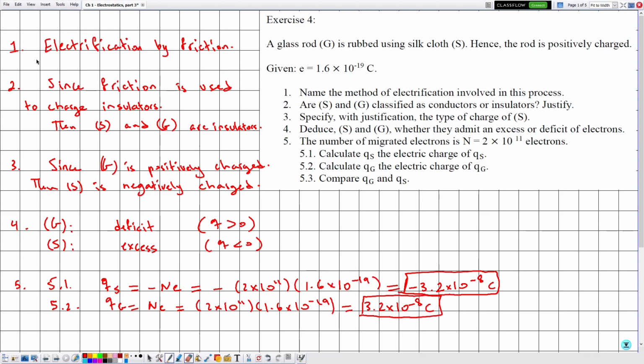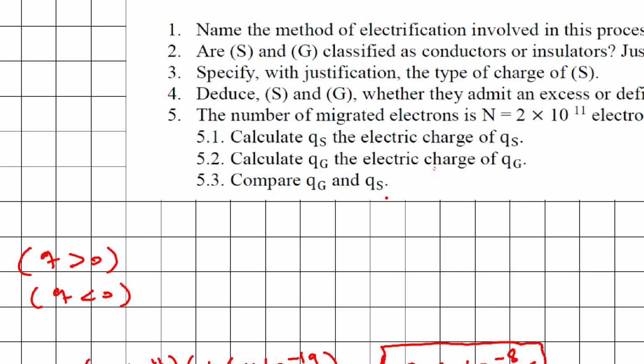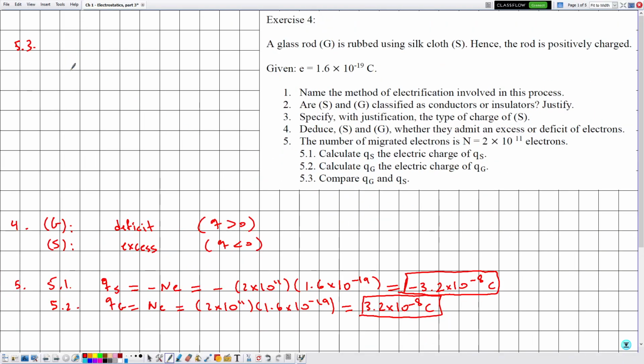Finally, in number 5.3, they are asking us to compare QG and QS. The comparison is always done by calculating the ratio QG over QS or QS over QG. So let me calculate, for example, QG divided by QS.